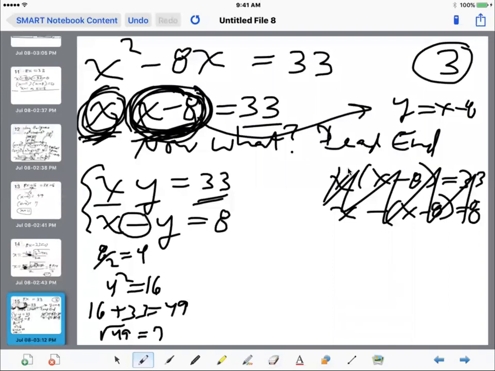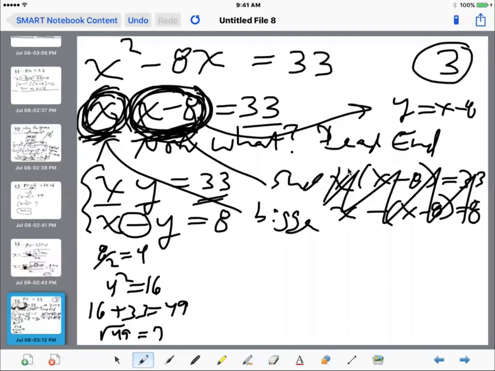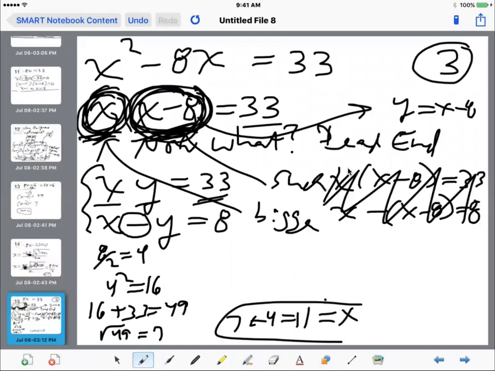And the x is the bigger one, bigger than x minus 8. Smaller. So I could just do 7 plus 4 equals 11. I don't need to do 7 minus 4. And that's how we solve. That question started off as x squared minus 8x equals 33.